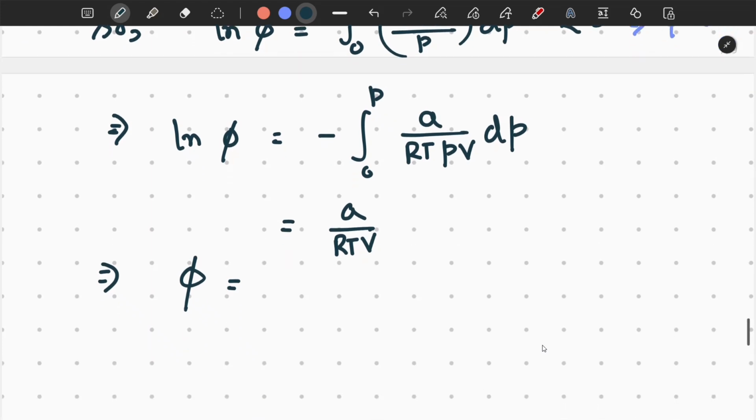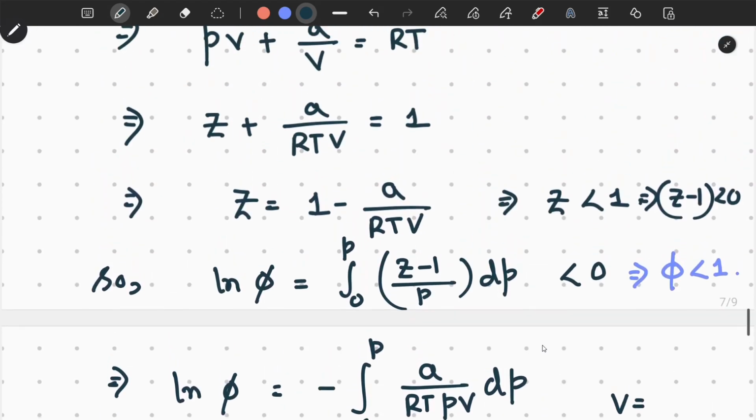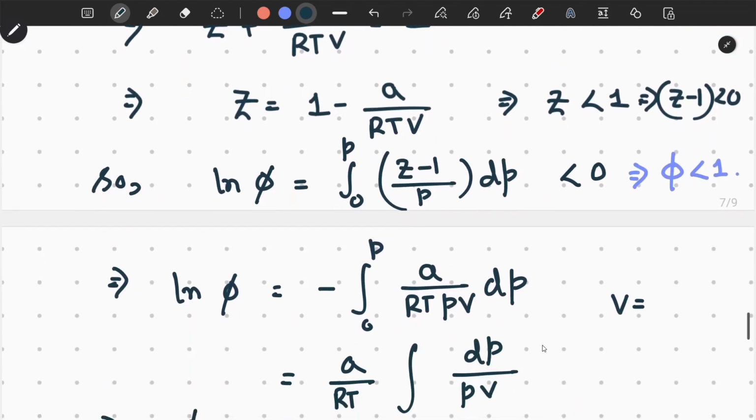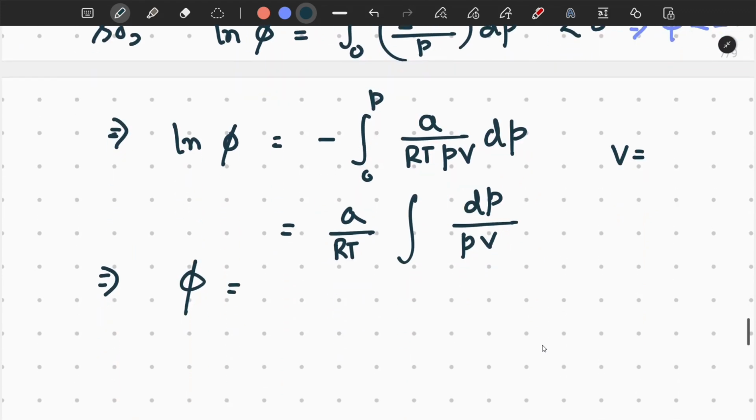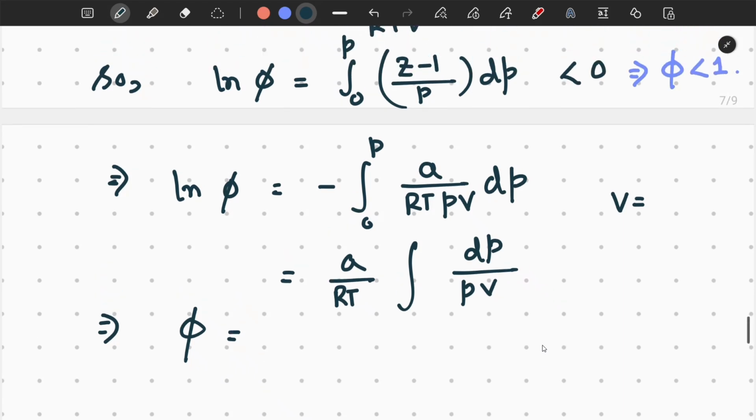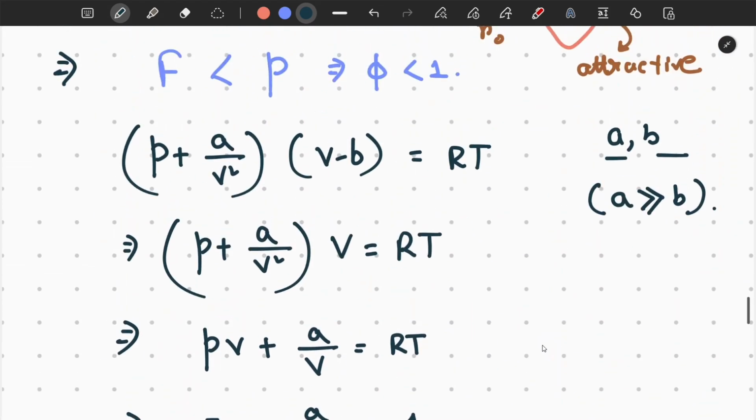This volume will depend on the pressure even. So you can't bring it out from the integration. Then again, V is there now. So how can you ignore that V? Because you want to differentiate with respect to P, but PV is there.